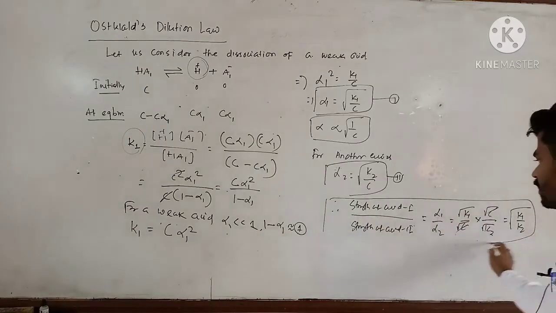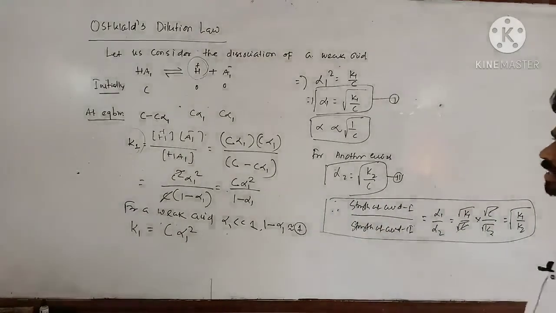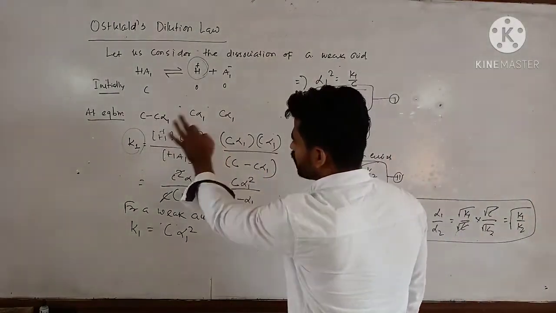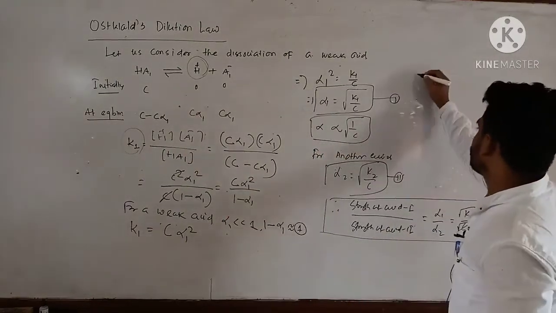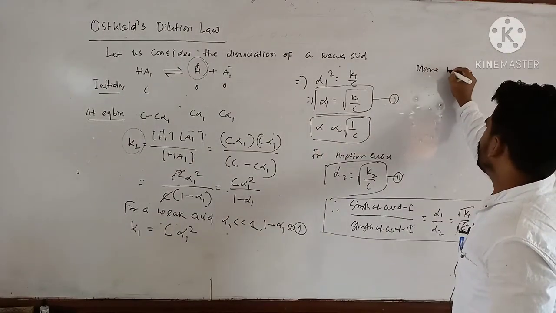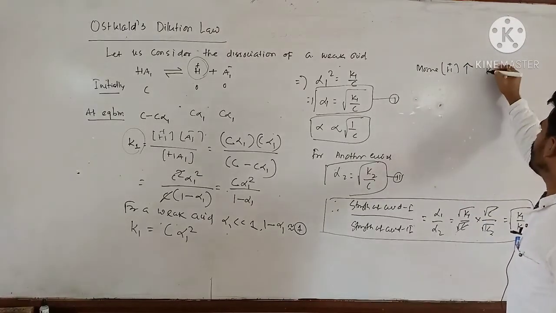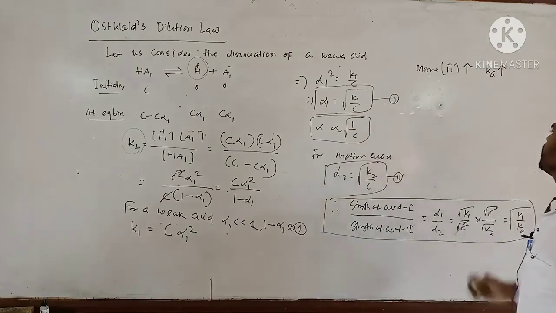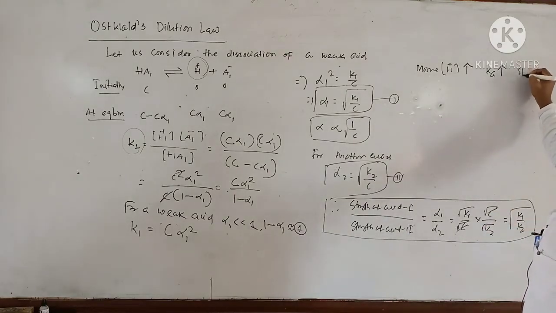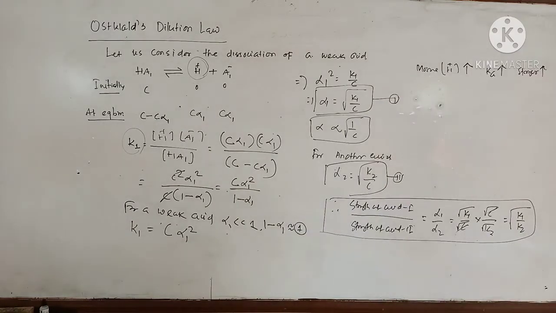Here you can compare the strength of an acid, because the strength of an acid depends upon the H plus ion concentration. The more the H plus ion concentration, the more will be the acid dissociation constant, and the stronger will be the acid. The strength of the acid will be more.